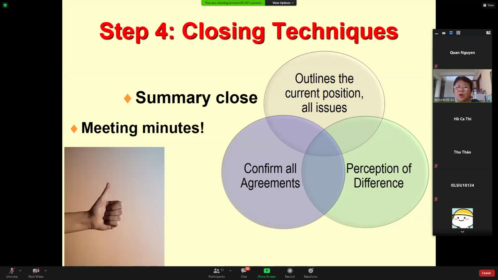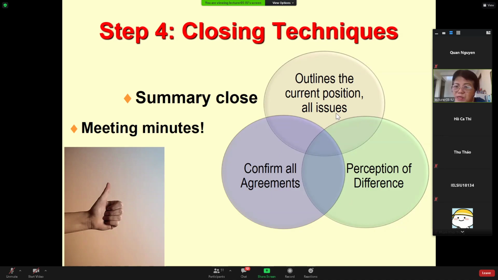Step 4, closing techniques. After step 1, step 2, and step 3, now we come to step 4, which is closing. Any negotiation comes to an end. Summary close: outline the current position on the question.